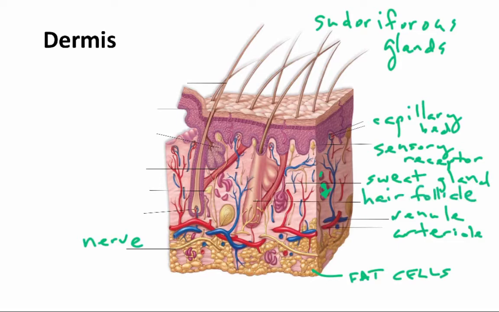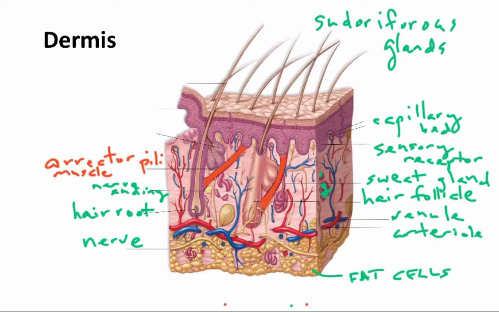Over here in cross-section, we've got hair root, the root of the follicle, another nerve ending, and then right here we have a tiny little muscle. So all of our hairs have a tiny little muscle attached to them, which is why when you get scared or you're cold, they can stand up. Those muscles are called erector pili muscles.